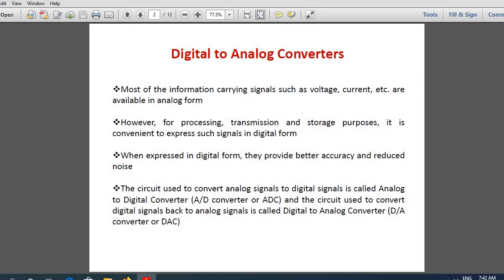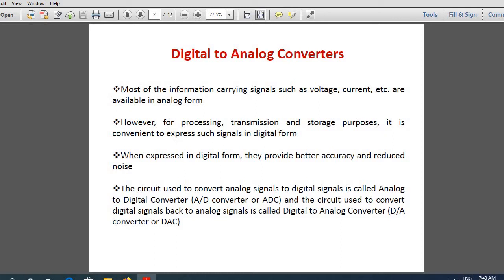So, the circuit used to convert analog signals to digital signals is called an analog to digital converter, and the circuit which is used to convert digital signals back to analog signals is called a digital to analog converter.